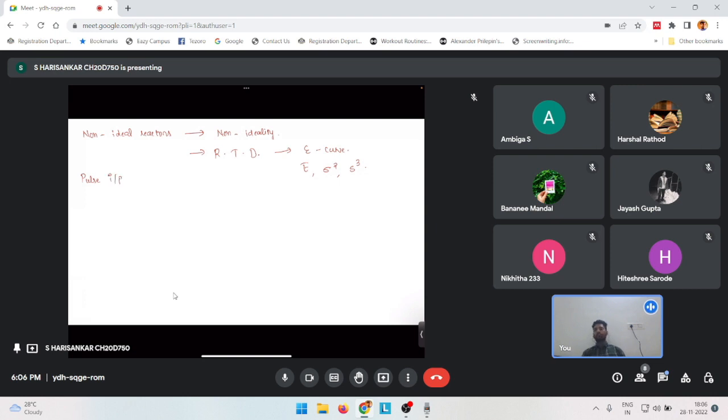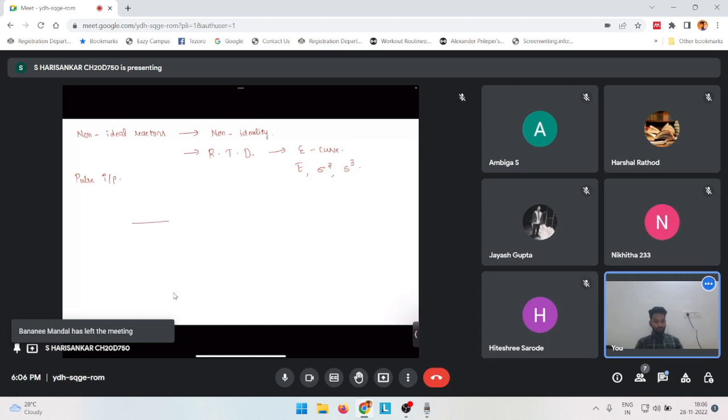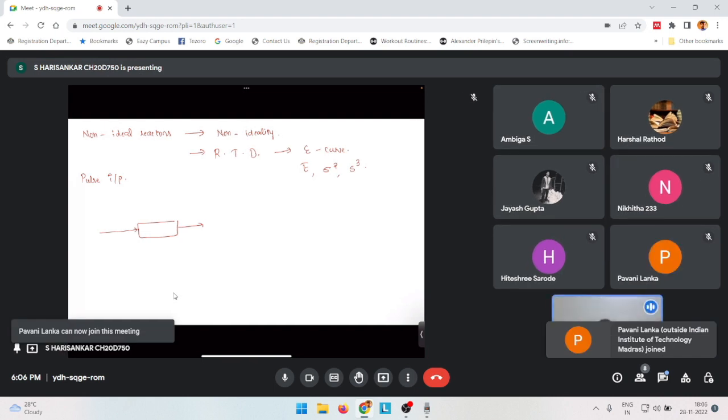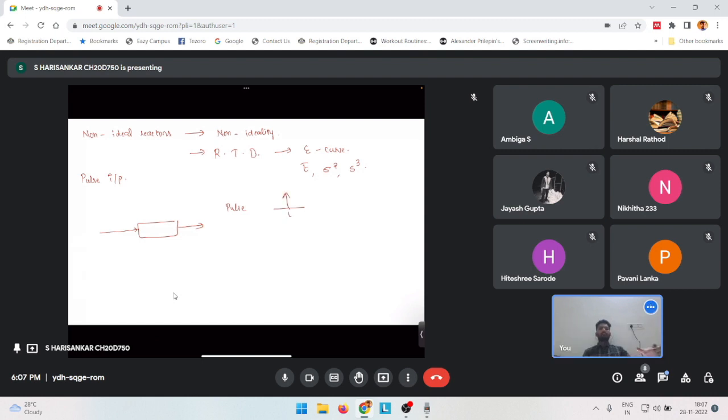So we mentioned there were a lot of different kinds of inputs for a reactor. If you have a reactor and you are giving an input, you can either give it in the form of a pulse, which is a single shot at time t, where you just introduce a whole lot of your tracer at time t.